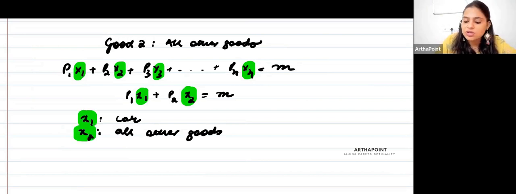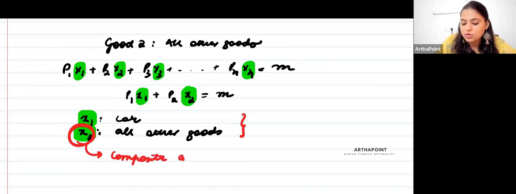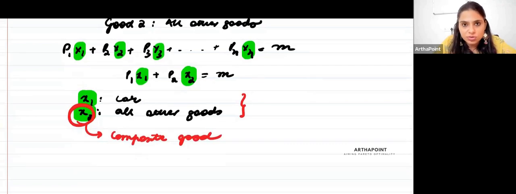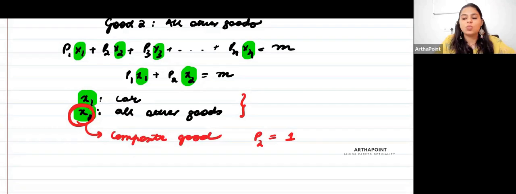And this is how we can go ahead and write. In such cases, when x2 represents all other goods, x2 is called a composite. For a composite good, we keep the price of composite good as 1.